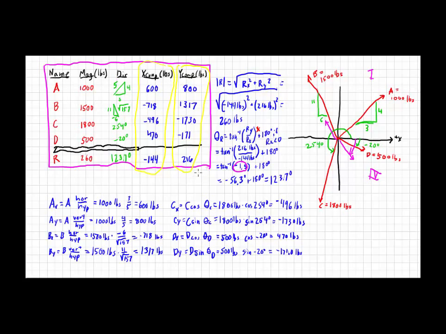What's more, if we were to add up the opposite of the resultant, so that this would be, say, positive 144, and this would be a negative 216 pounds. If we were to add all of these up with this additional force, we could call it E, that was equal to our resultant that had the opposite forces for its components, the entire force system would add up to 0.